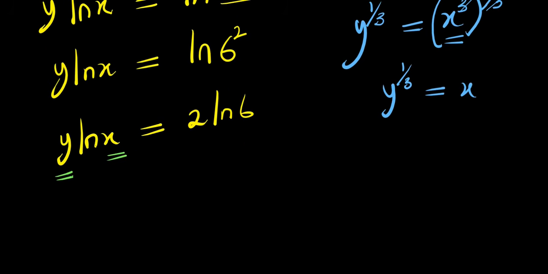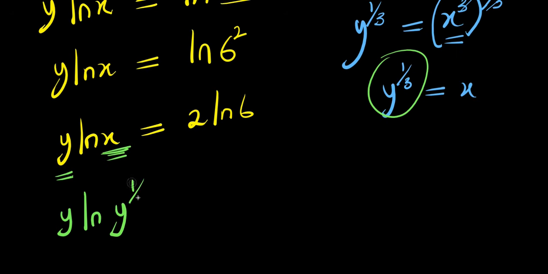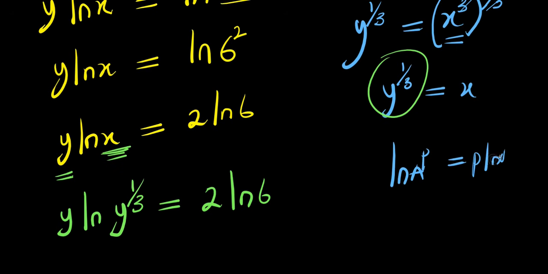So let's get back here. Instead of writing x here, we are going to replace it with y power 1 over 3. So we have y times ln of y power 1 over 3 equals 2 times ln 6. So remember again, if you have ln a power b equals b times ln a, so 1 over 3 comes behind this.